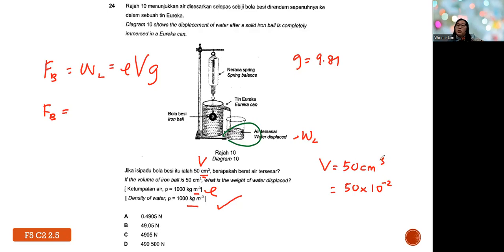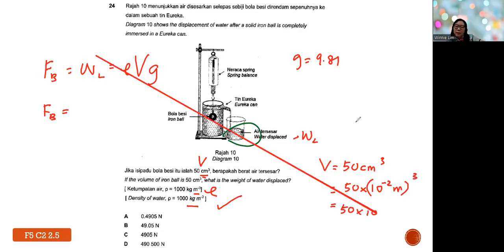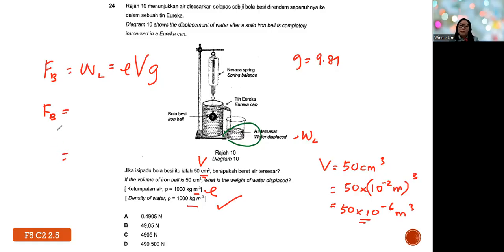In this context it is volume, so you cube it. That means you have to bracket this whole thing and cube it. So the volume is actually 50 times 10 negative 6 meter cube. Of course, this is still not in standard form, but during substitution you need not use standard form. You can substitute straight away, but the final answer has to be in standard form.